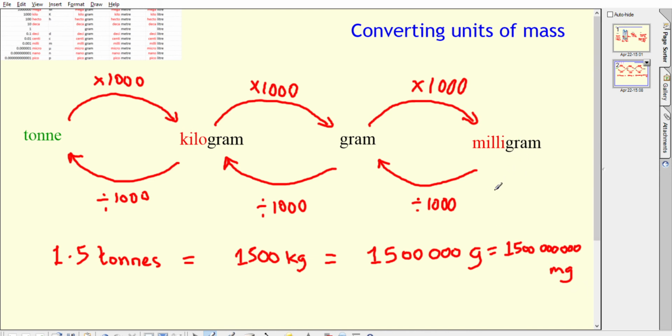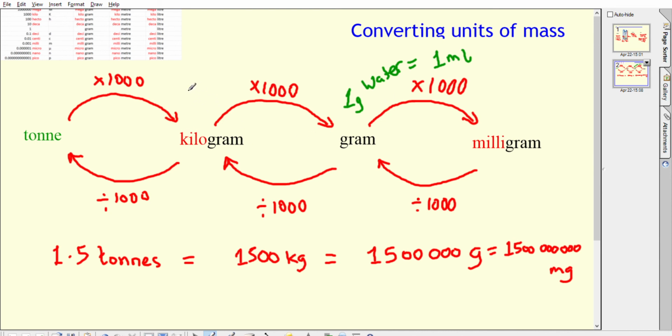You use milligrams for something very small. Remember, 1 cubic centimetre of water is a gram of water. So let's make a note of that. Here, 1 gram of water is equal to 1 ml.